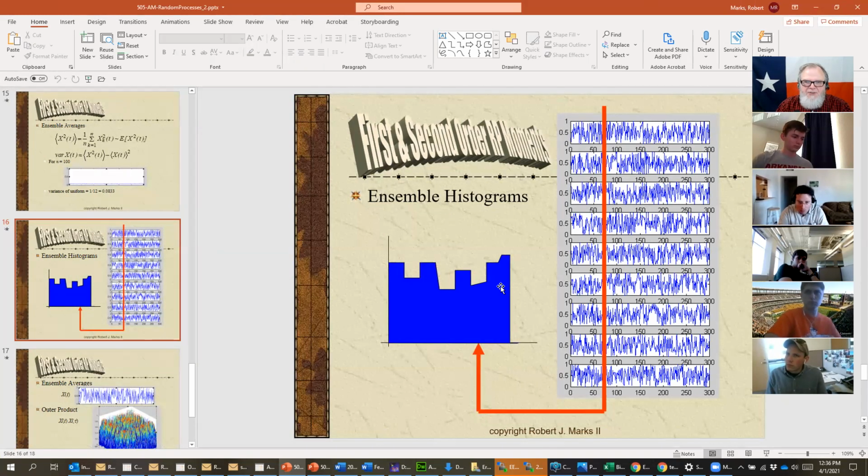And the answer is yes. You could generate a two-dimensional probability density function by doing the following. If this might be the value of t, and so you're generating the value at t, but then you could come down here. Boy, that wasn't a very straight line. Let's see if I need a straight edge to do this.